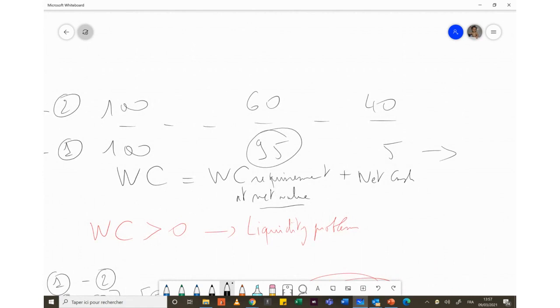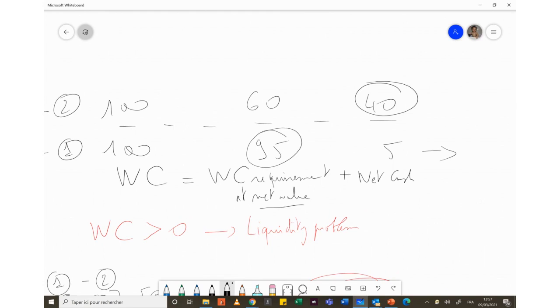It's not the same in situation number two, because a huge part of the working capital is net cash. So if we reduce the working capital requirement in the future, the impact on your working capital is less of a problem in terms of liquidity, because a huge part of the working capital is already cash.